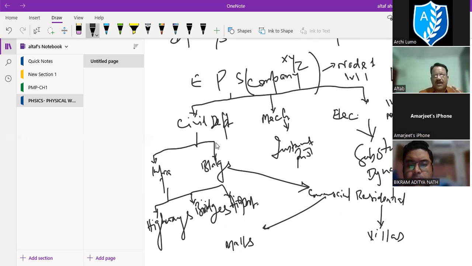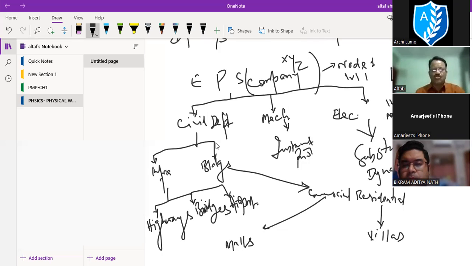It needs a very simple explanation, but people make it very complex. EPS is nothing but enterprise project structure, simply. What does it mean? Right from the company up to the project level, or from the project level up to the company level, including different departments, all this structure comes under EPS. Simply, it is called EPS.